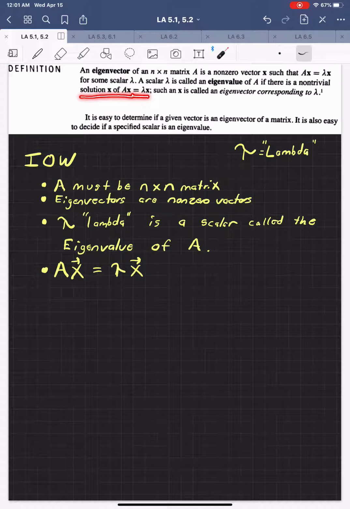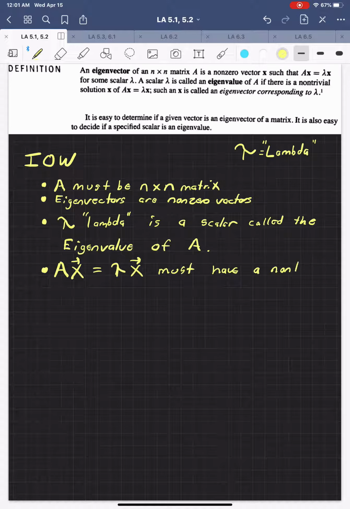In other words, let's capture that: it must have a non-trivial solution. You can't just pick zeros. So it must have a non-trivial solution, and that solution is x.